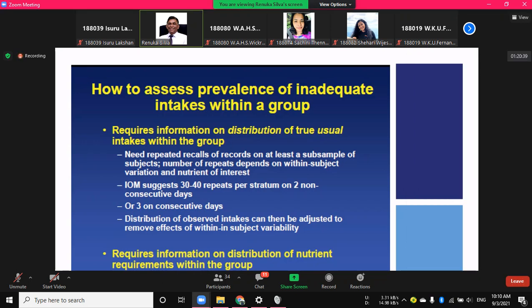That is how many 24-hour recalls I need to repeat in a survey, minimum, to estimate the usual intake of a group. Without repeated recalls, just using a single recall or single diary, we cannot see the usual intake.